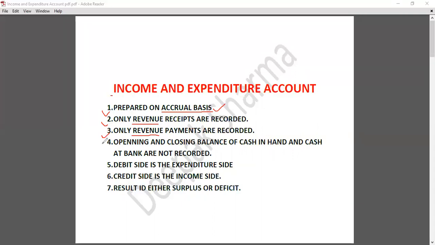Again, when we will be preparing the income and expenditure account, we will generally have the receipt and payment account given in the question. That means when the question asks us to prepare the income and expenditure account, they will provide a receipt and payment account, and we just have to convert that receipt and payment account into income and expenditure account.